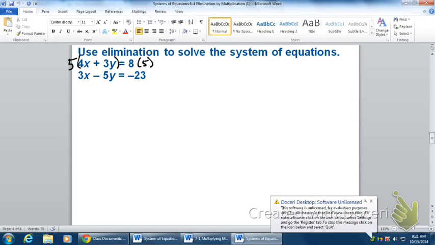If I multiplied 5 times 3y, I get what? 15y. So at the bottom I need a negative 15y. What do I need to multiply the bottom by? Well, if I multiplied by a negative 3, that'd make that a positive 15y. I need a negative 15y. 3.